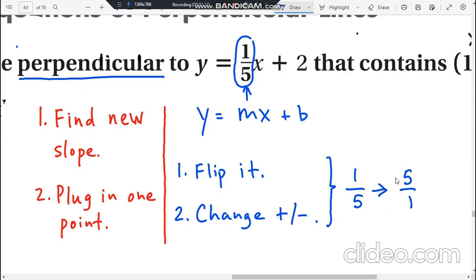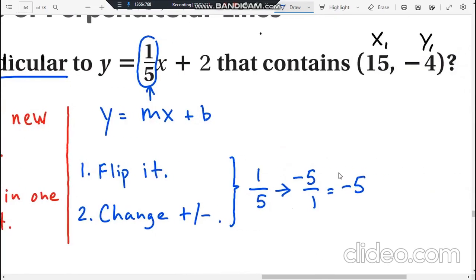And then change the plus minus sign. So it's negative 5 over 1. And of course, negative 5 over 1 is just going to be negative 5. Okay, so that negative 5 is our new slope. That's the new m. So the original was 1/5 and the new one is negative 5.